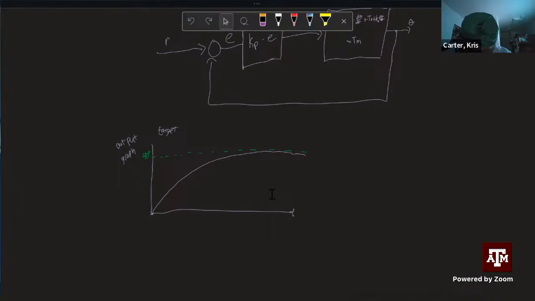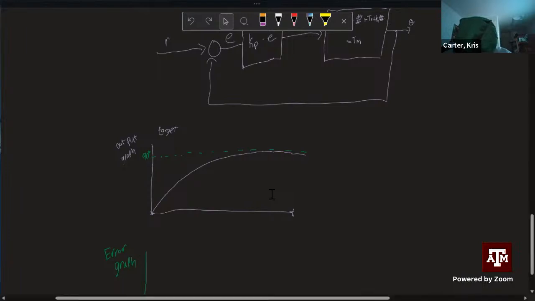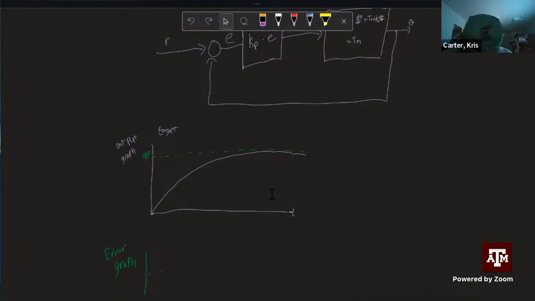So our error will be in green, like emerald error. So our error graph over time, we know it's going to start at 90 degrees.